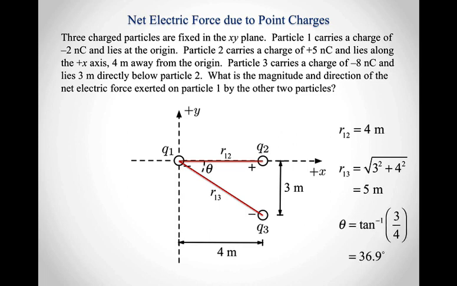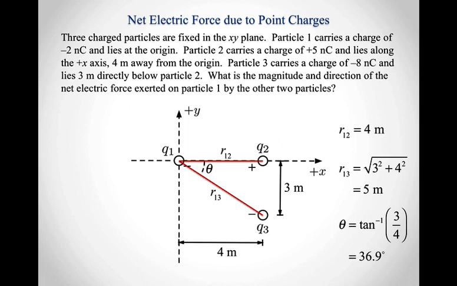I'll define theta to be the angle between the line between charges 1 and 3 and the x-axis. Using the inverse tangent function, theta is the inverse tangent of opposite side 3 meters over adjacent side 4 meters, so theta is 36.9 degrees.